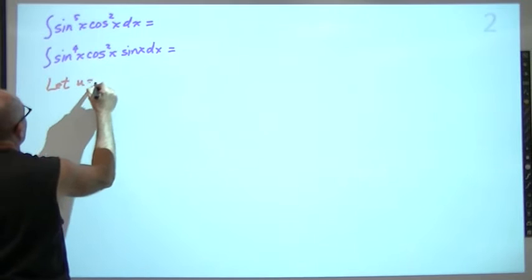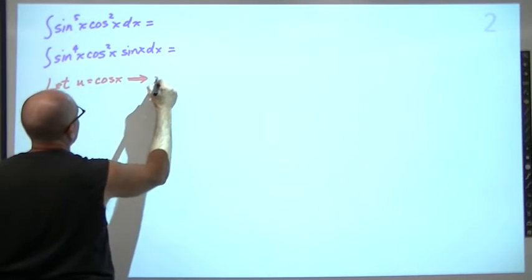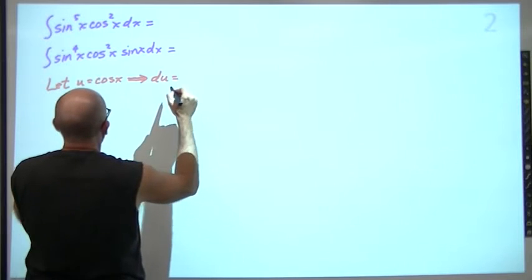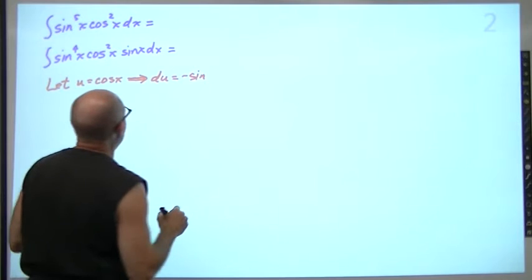Let u equal cosine x. So du equals negative sine x dx.